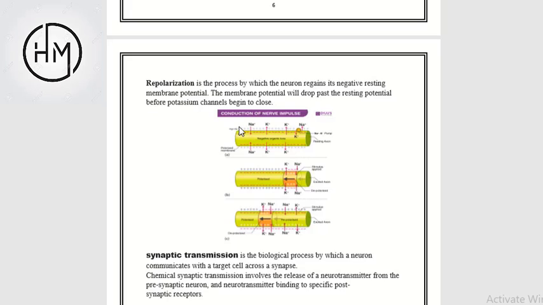Then repolarization happens. It is the process by which the neuron regains the negative resting membrane potential and comes to rest again by opening the sodium potassium gates and sodium returning back outside the cell.